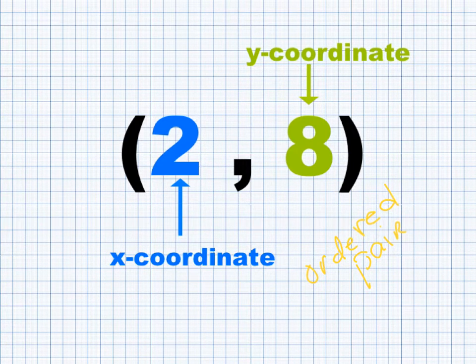It shows you here that the first number is the x coordinate and the second number is the y coordinate. So if you had this pair, 2 and 5, and you were asked which one would be the y coordinate, you would know that it would be the second one.